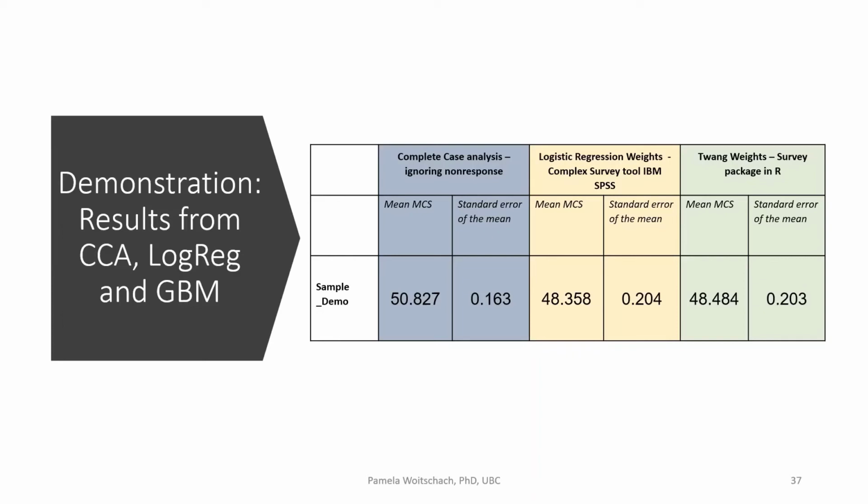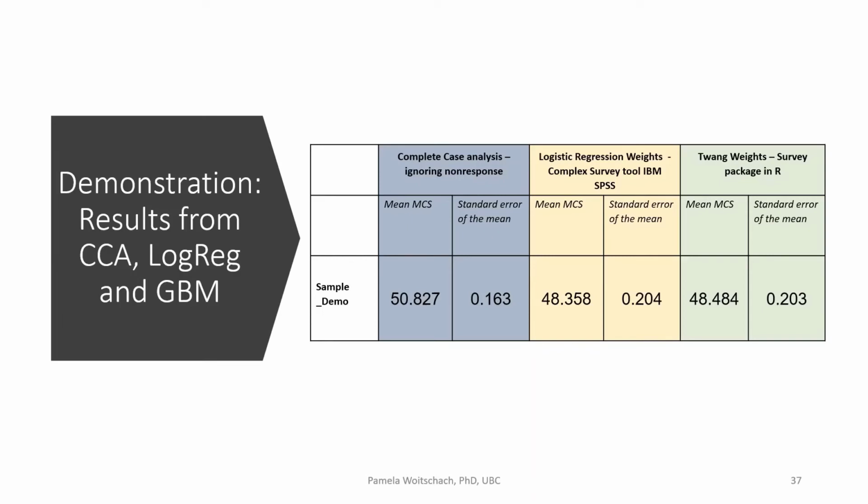In this case, we simply estimate the population means in three different cases. The first one is the complete case analysis, which is ignoring unit non-response. We only work with the observed data. The second one is using the weights that we calculated with the logistic regression.